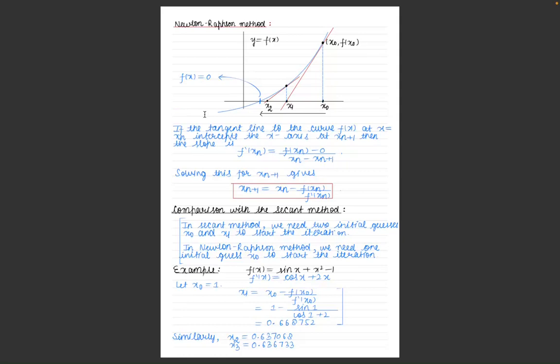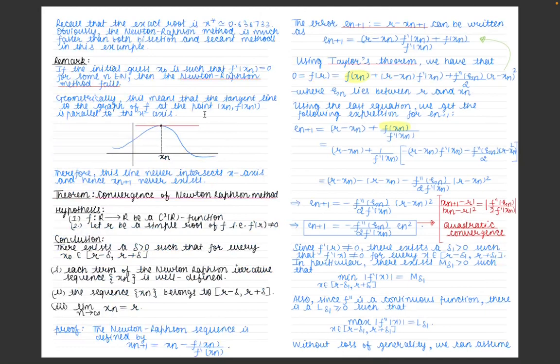So obviously the Newton-Raphson method in this example is much faster than both the bisection and secant methods in this example.